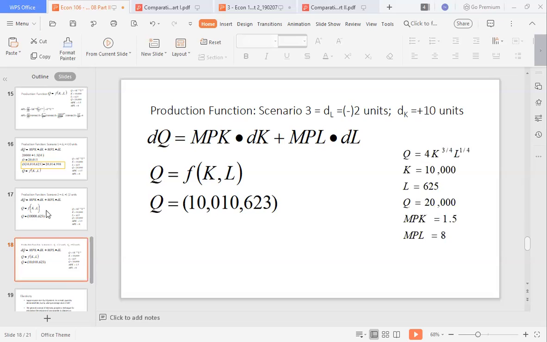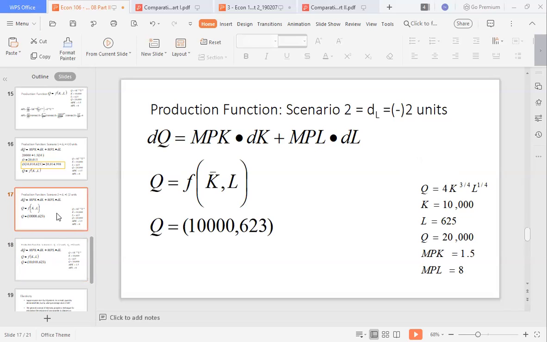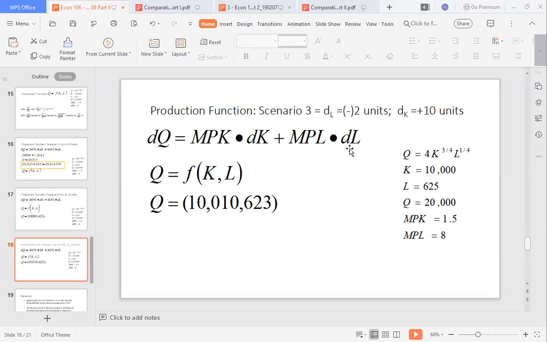I will probably add these incentives to your third problem set. So again, let me clarify my point. You will need to do scenario 2, which is holding capital constant and only allowing L to change. Scenario 3 is allowing both variables to change.